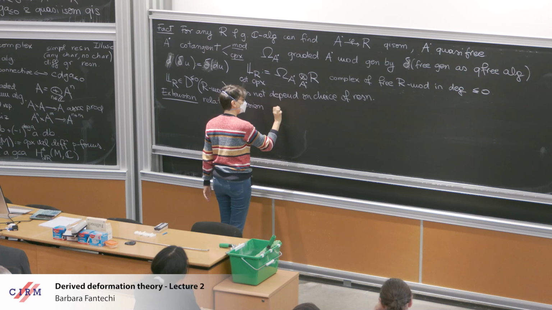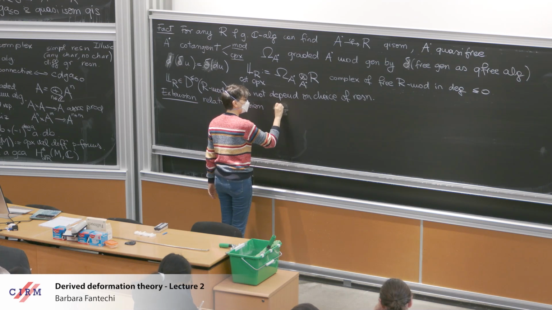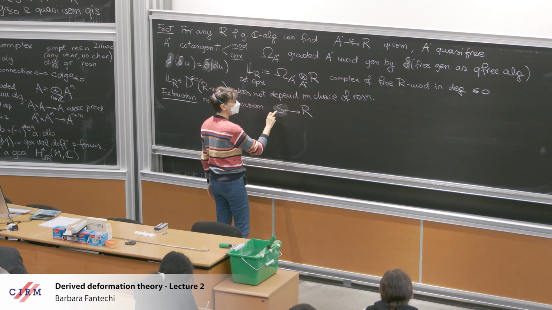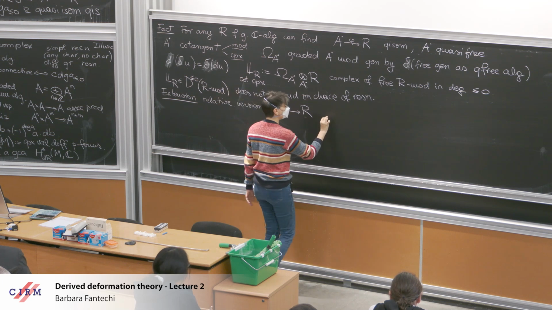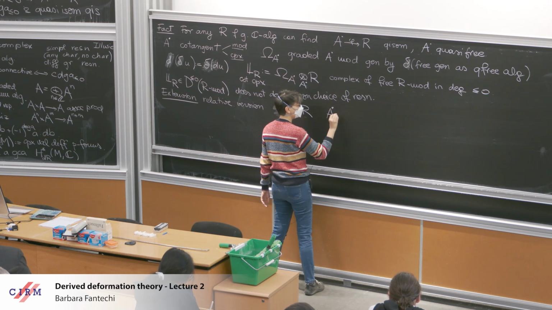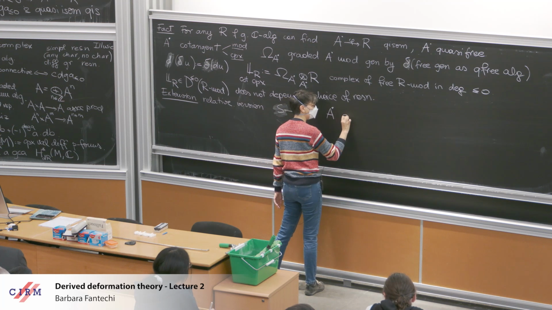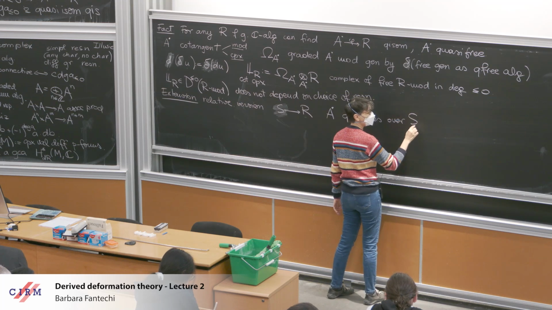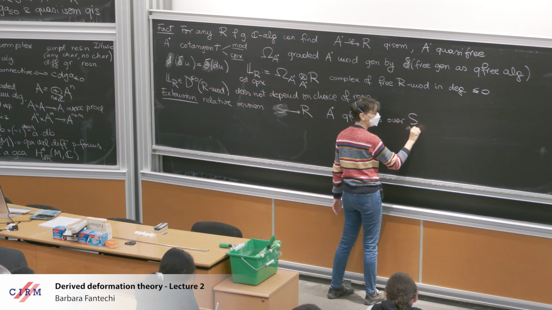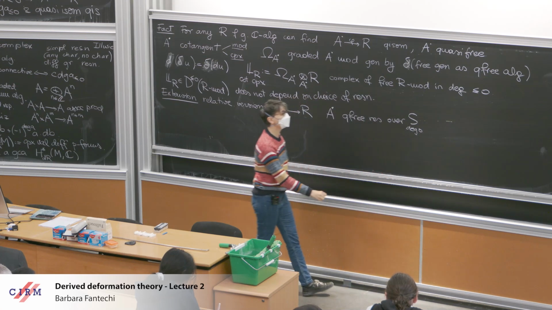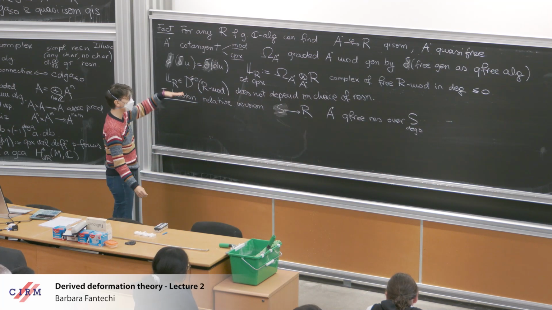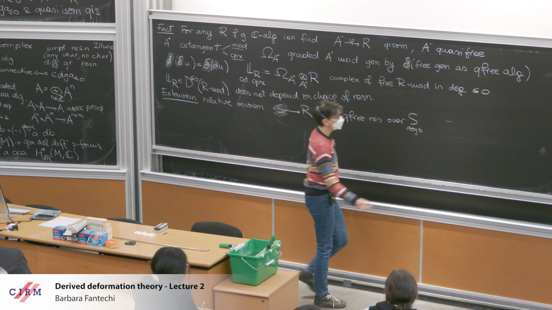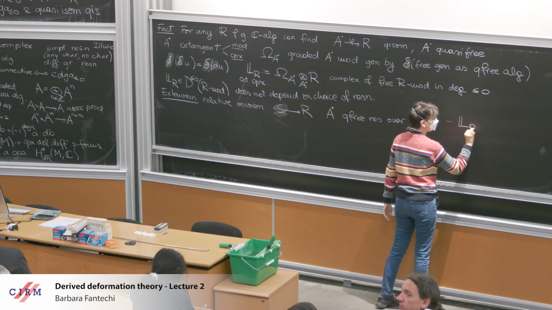So I have R over S, and then I'm only interested in relative differentials, and so I can find a quasi-free resolution over S. So you start putting S in degree 0, and then add the free variables in non-positive degrees. You do exactly the same argument, and what you get is a relative cotangent complex.